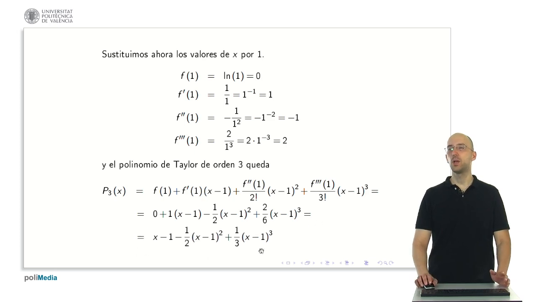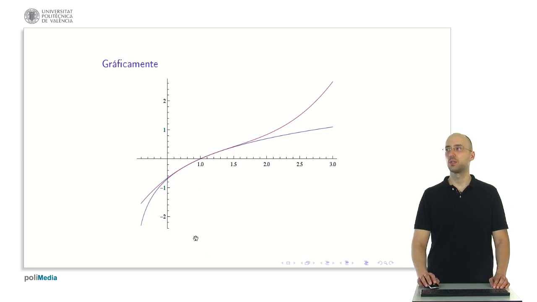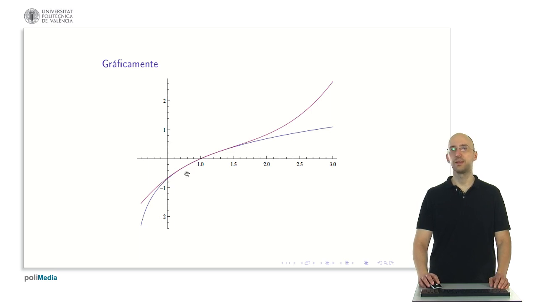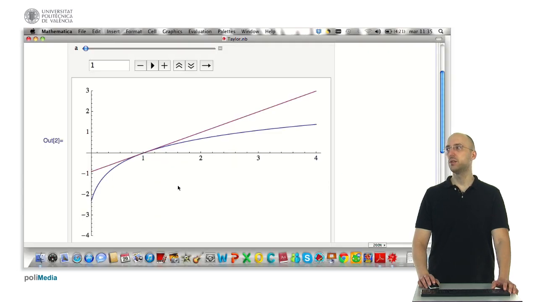This leads to the following expression. Let's simplify it a bit, and we end up with a degree 3 polynomial. Does it provide a good approximation? Indeed it does. The blue curve represents the natural logarithm function, while the slightly reddish-pink one is the Taylor polynomial approximation. As you can see, it fits quite nicely, offering a pretty accurate approximation.